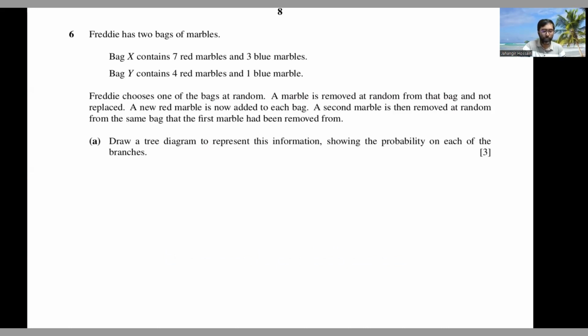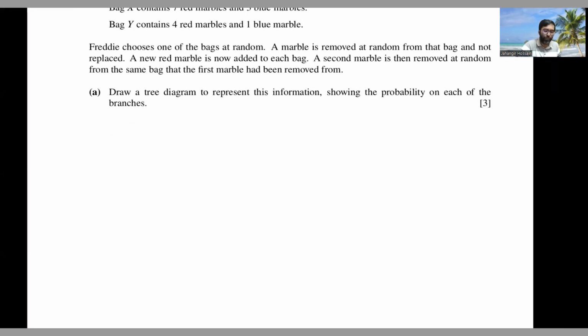A marble is removed at random from the bag and not replaced. A new red marble is now added to each bag. A second marble is then removed at random from the same bag that the first marble had been removed from. Draw a tree diagram to represent this information, showing the probability on each of the branches.